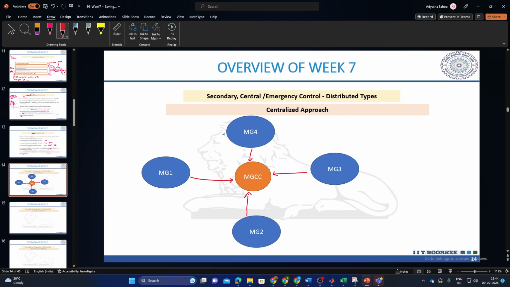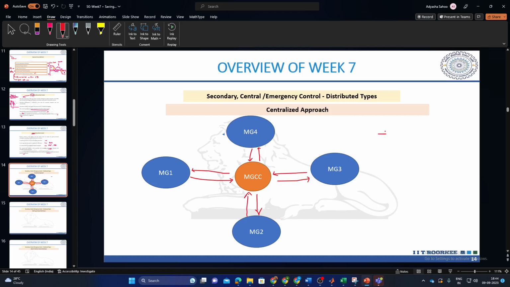And again, this microgrid controller will do some computation and give the new dispatch points or set points back to each microgrid controller. So this is how a centralized scheme is going to work: all the microgrids report to one command center or control center, which does the computation and gives back the new dispatch or set points to the different microgrids.